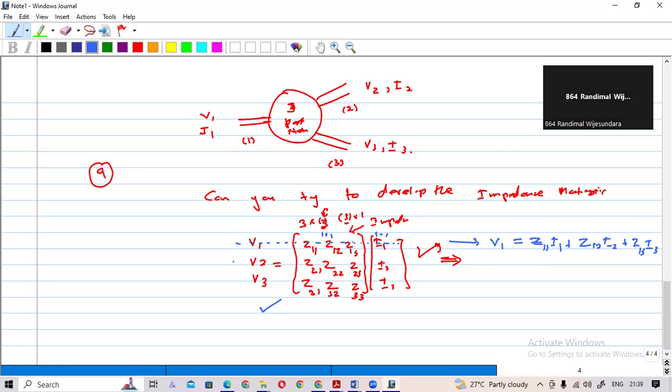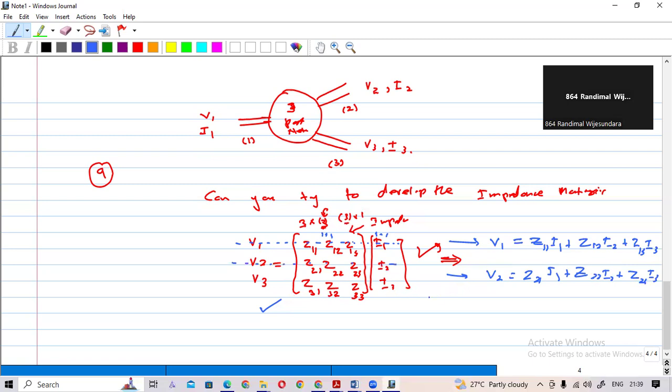That is correct. Now we need to consider this row. That is V2 is equal to. So you need to do the matrix multiplication, this one and this one. This is a 1 by 3 matrix. This is a 3 by 1 matrix. So you will have Z21 I1 plus Z22 I2 plus Z23 I3. Okay.